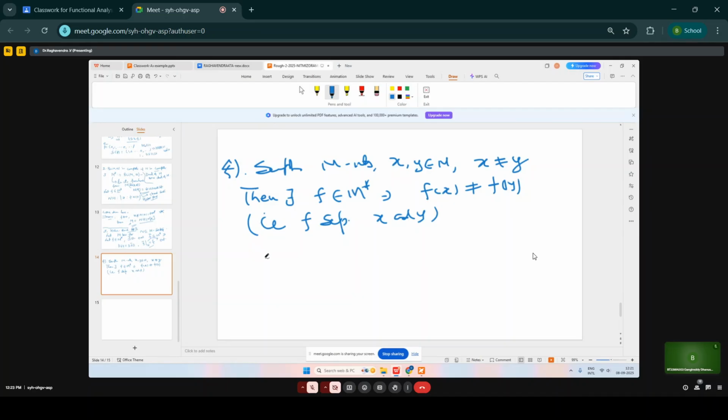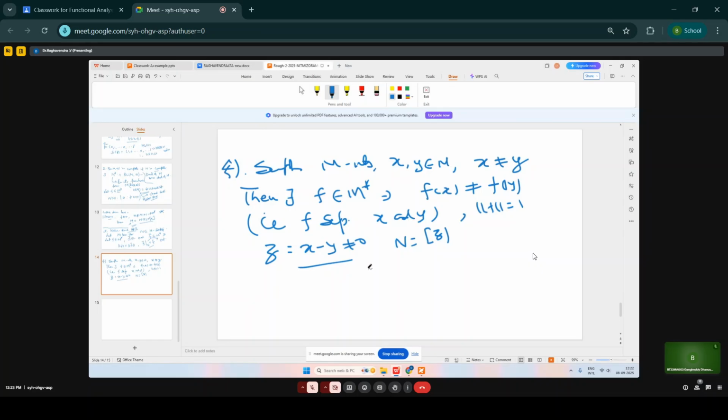How do you do that application? Take z equal to x minus y. It is not 0. Now you look at the manifold generated by z. Call it N. You can also have norm f equal to 1.